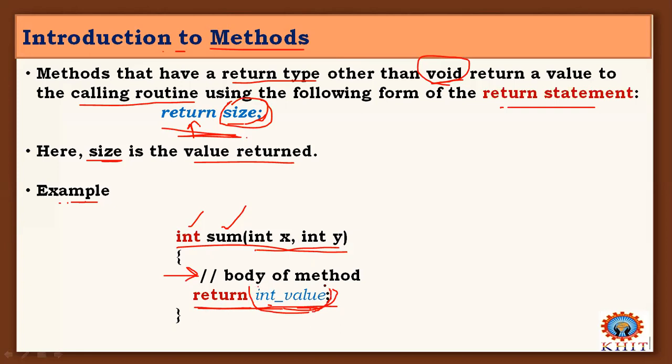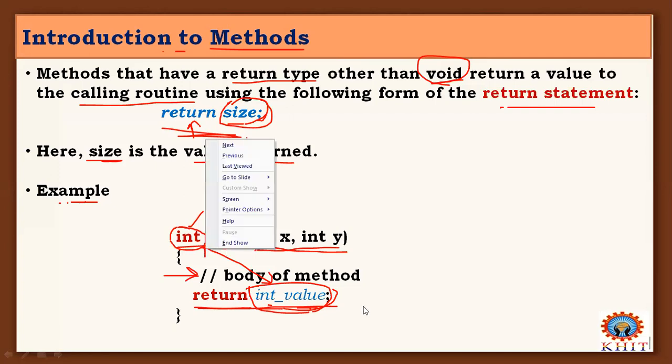Why? Because the return type of this method is int, as specified in the definition, and these two things should link: the return statement should return only an int value. Understood? These are the rules and regulations about a method defined in a class as a member.